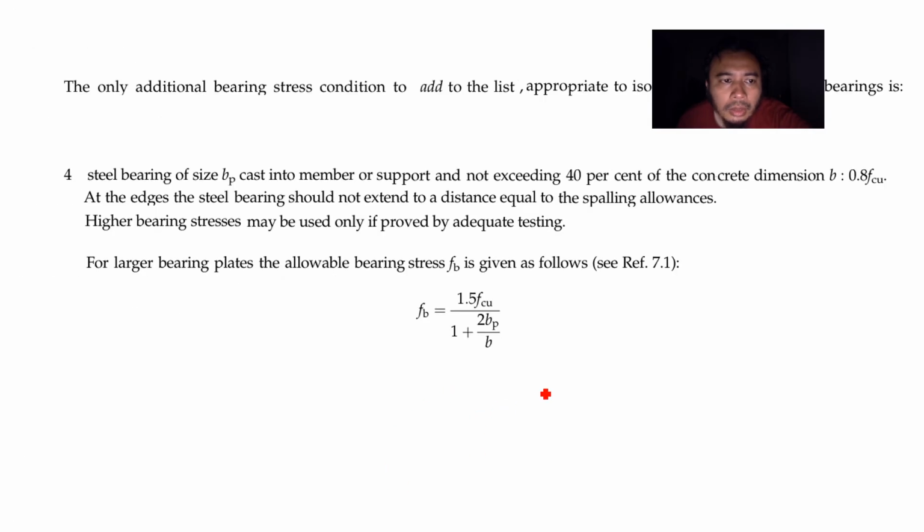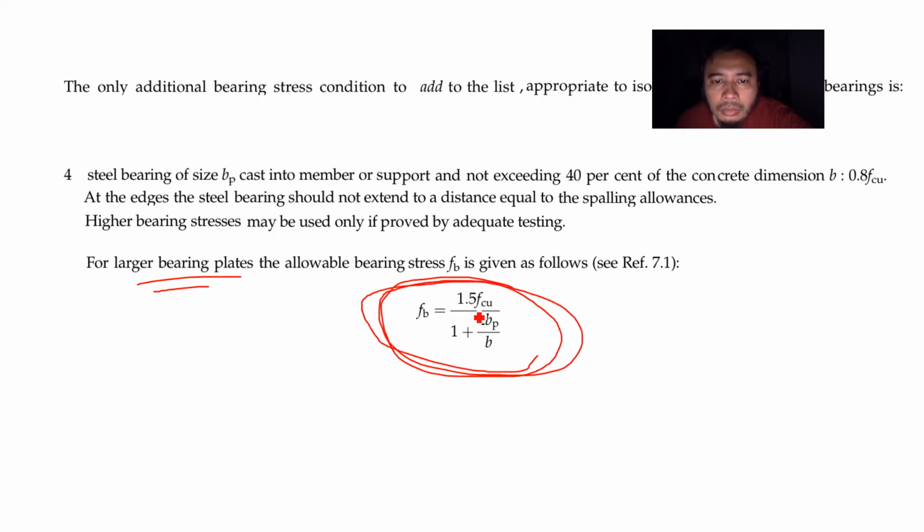For larger bearing plates, larger than the concentrated load plate that we calculated in examples 2 and 3, you use this. The allowable bearing stress is 1.5 times the concrete grade, divided by 1 plus 2 times the plate bearing width divided by the width.